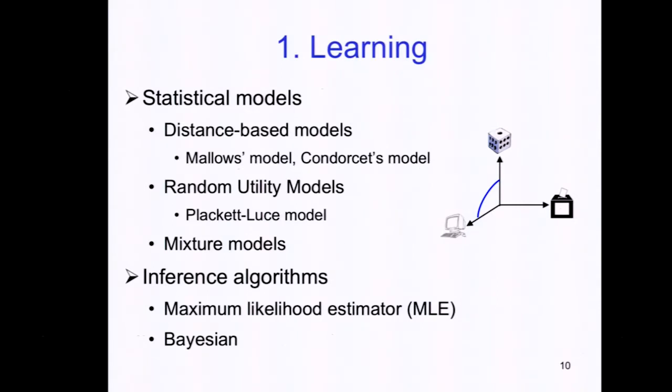We'll also be talking about inference algorithms, especially state-of-the-art inference algorithms, and those are mostly at the intersection of computer science and statistics. We focus on two of the most famous types of reasoning techniques: the maximum likelihood estimator, MLE, and the Bayesian approach, which I'll be more specific about later on. I'll be talking about the state-of-the-art algorithms for MLE and Bayesian for these models.